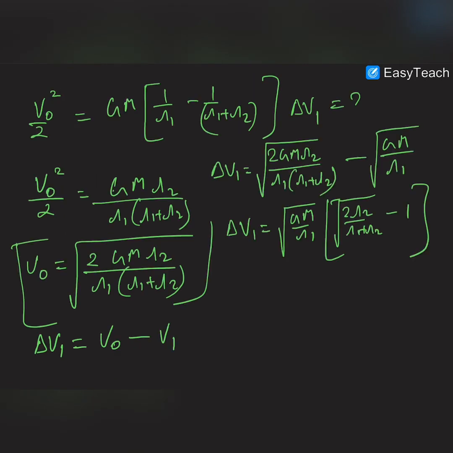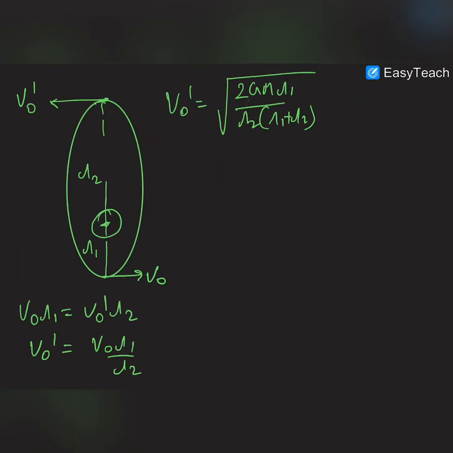Okay, you can see that. This is the new velocity with which the satellite would reach the apogee of this elliptical orbit. At this point we again need to fire a rocket in such a way that it goes into the new circular orbit.